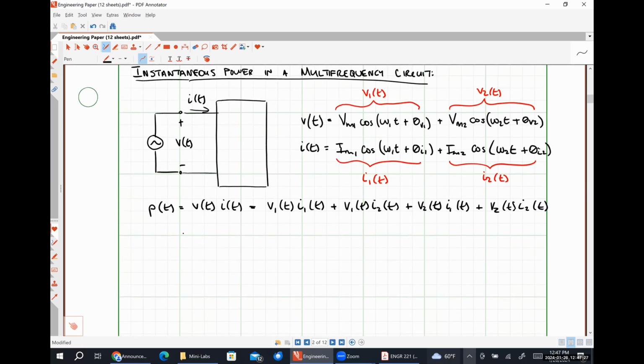So when I multiply V1 and I1 together, I'm going to get 1/2 Vm1 Im1 cosine theta V1 minus theta I1 plus 1/2 Vm1 Im1 cosine twice omega 1 t plus theta V1 plus theta I1, which is exactly the same thing that we got for the instantaneous power of a single frequency circuit.